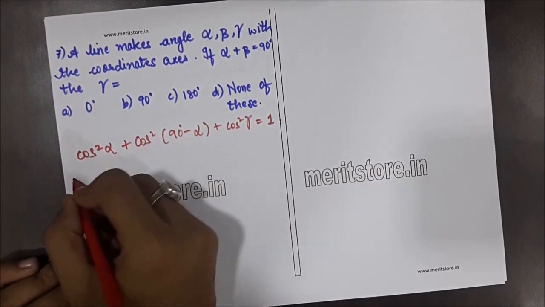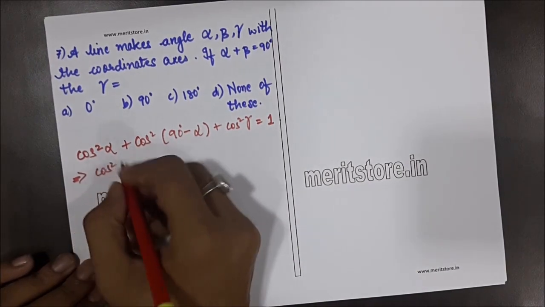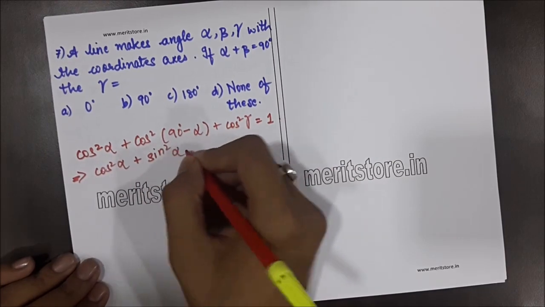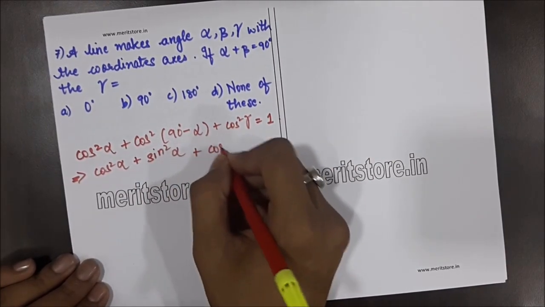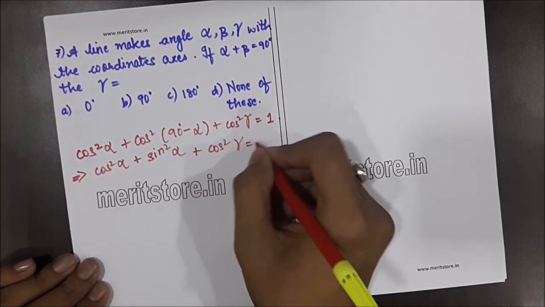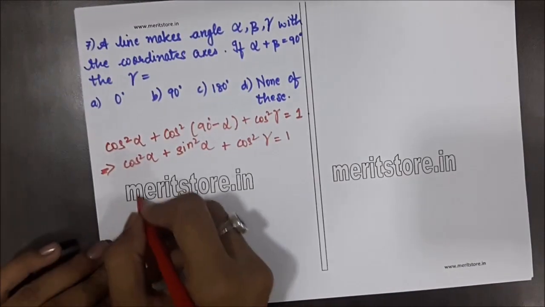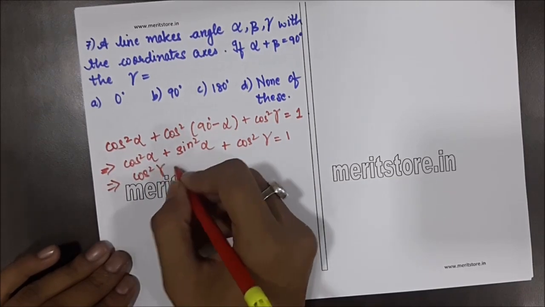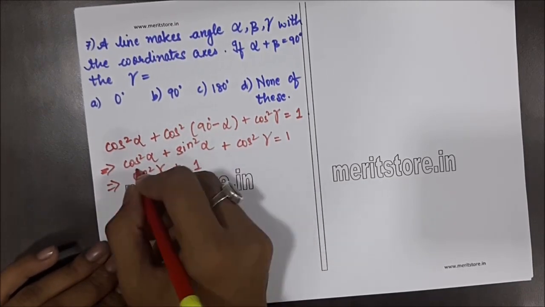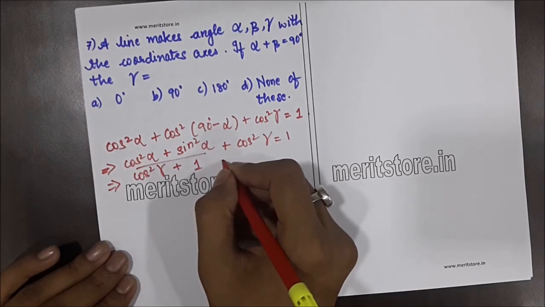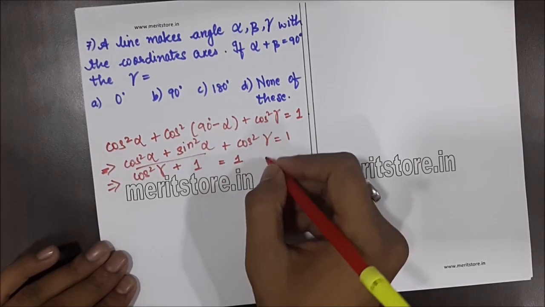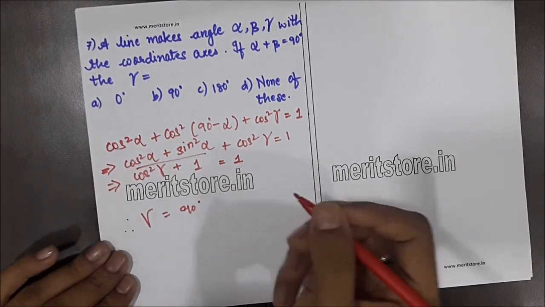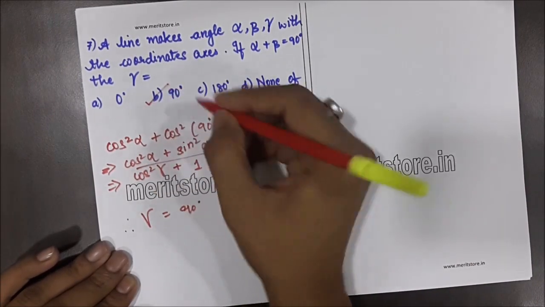Further solving it, cos square alpha plus sin square alpha plus cos square gamma is equal to 1. Thereby we get cos square gamma plus 1 is equal to 1. Therefore, gamma is equal to 90 degrees. Therefore, the correct answer is option B.